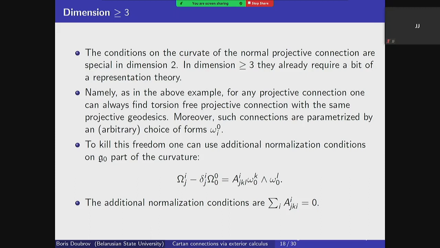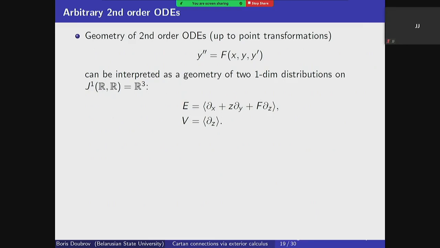What we can do, and what maybe some other ways to build a Cartan connection we can find. So that's exactly what we're trying to do now, and I'll show that if we now look at the arbitrary second order ODE, we can modify our model homogeneous space, and would still be able to associate a certain Cartan connection with a different model with this equation in a unique way, with the same strategy.